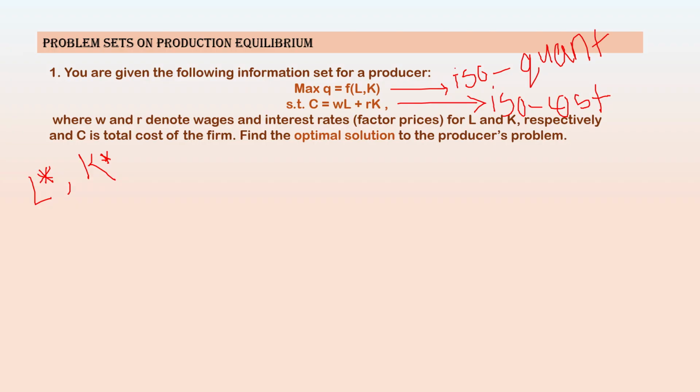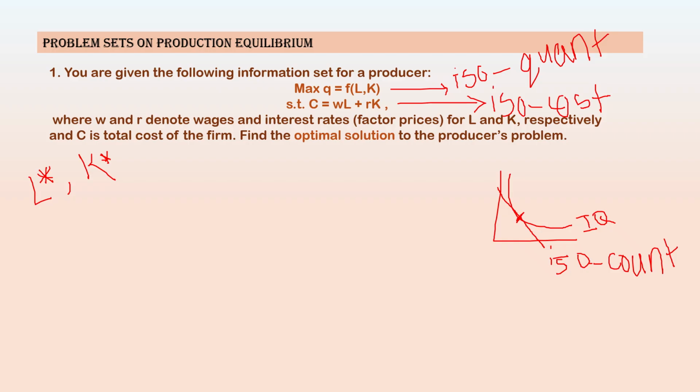All right, so let's say this is a graph, and this is our IQ curve, and this right here is our isocost line. Now, this point right here is where we can find the optimal combination of factors.